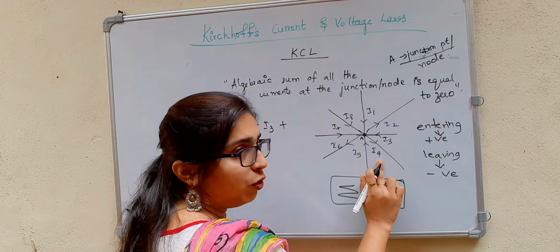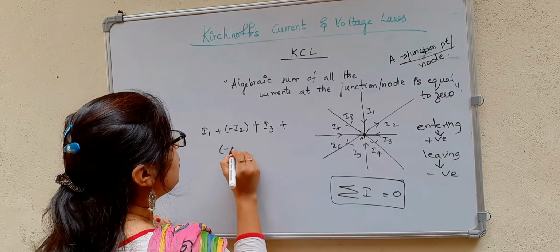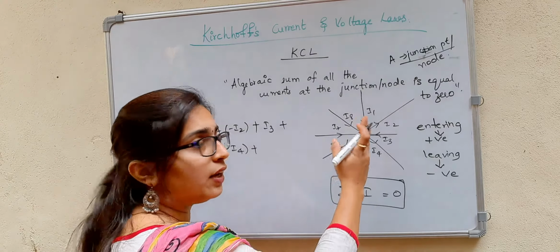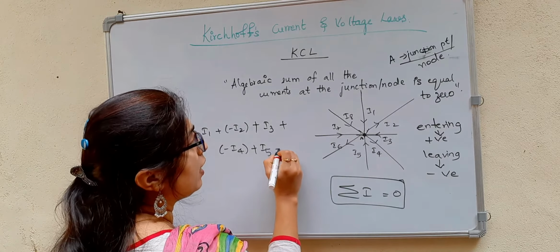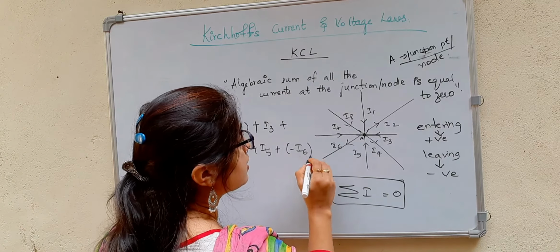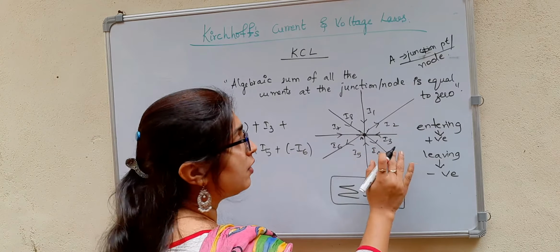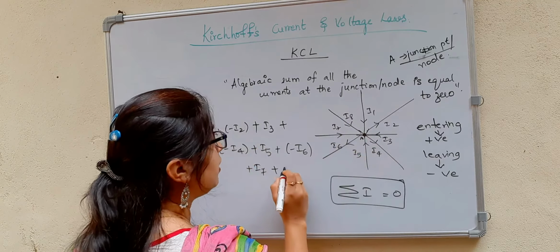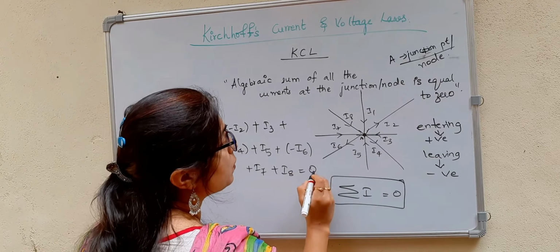Next we have I4 which is leaving the node, so that will be minus I4. Next plus I5, it is entering the node. I6 is leaving the node, therefore it is minus I6. I7 is entering the node, plus I7. Then you have I8 which is entering the node, plus I8. So this should be equal to 0.